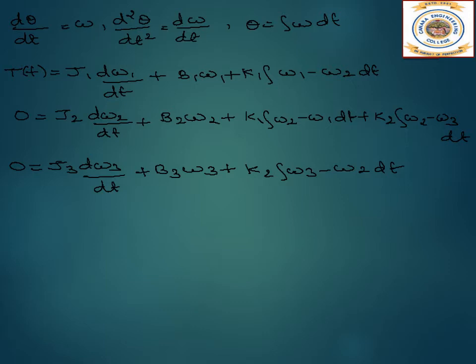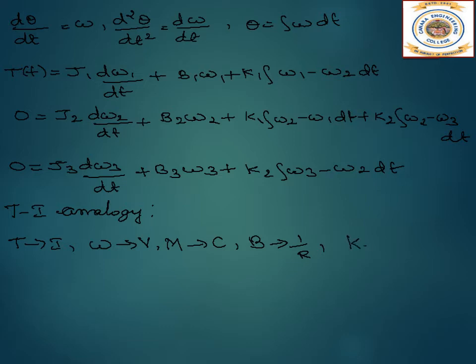Next we will consider the torque current analogy and write the analogous elements. So, torque is analogous to current, omega is analogous to voltage, J is analogous to C, B is analogous to 1 by R, and K is analogous to 1 by L. So now let us substitute into the above three equations.